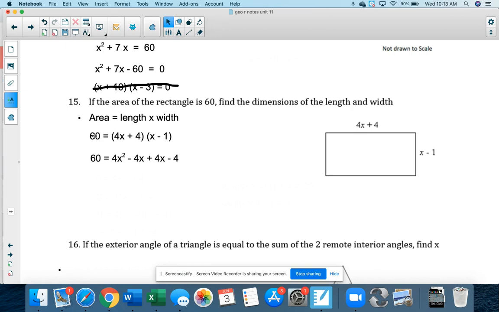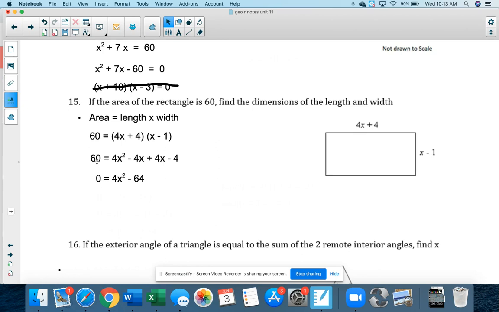Okay, so the 60 I'm just bringing down. 4x times x is 4x squared. 4x times negative 1 is negative 4x. 4 times x is positive 4x, and 4 times negative 1 is negative 4. Now, these two middle terms are actually going to cancel out, okay? And I'm going to bring this 60 over to the other side, which will become negative 64.